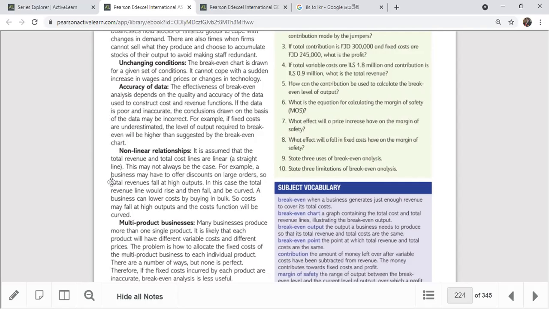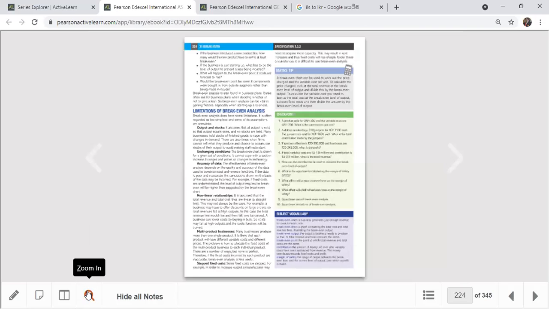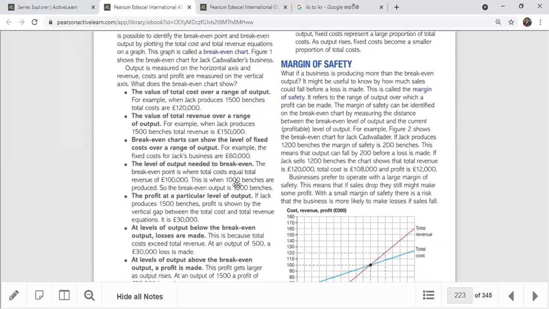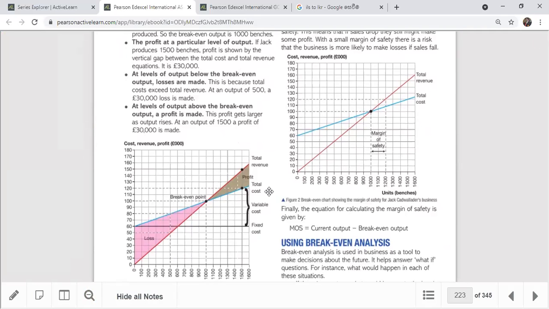And non-linear relationship. We always take the break-even chart's total cost and total revenue curves as linear, which are straight lines, but practically, these curves are non-linear. They go like curves because of the discounts and everything. At different quantities, they reduce the prices, like they give us discounts.